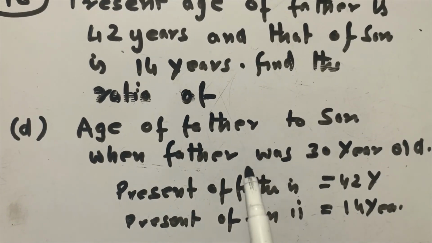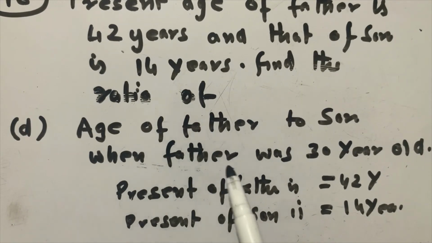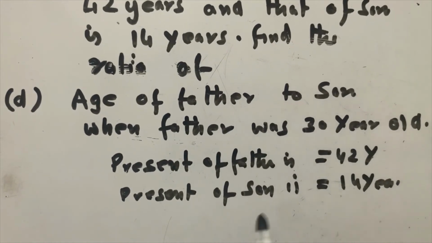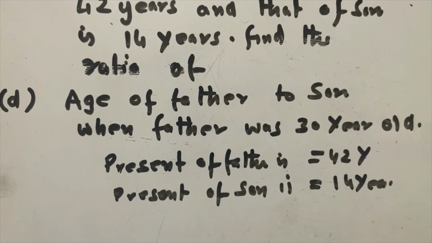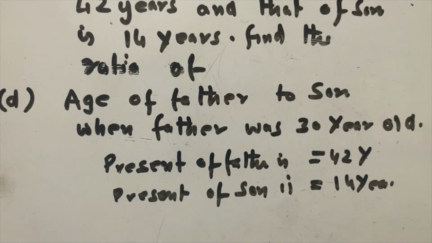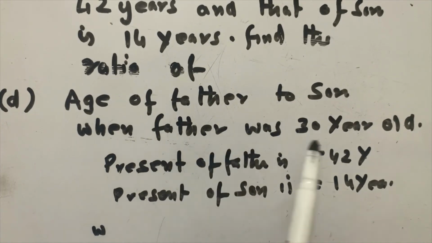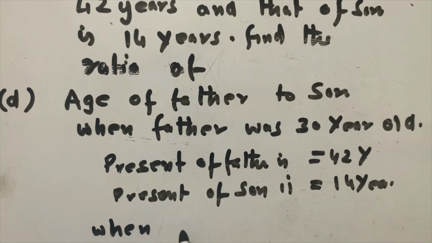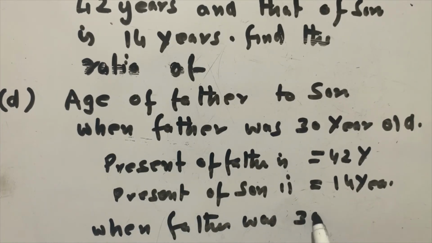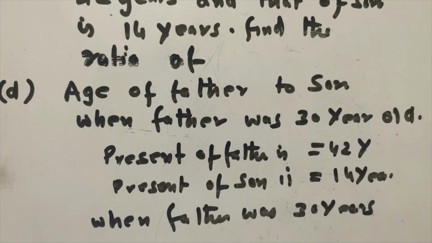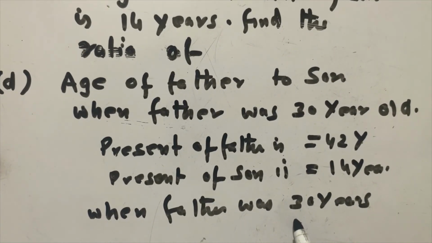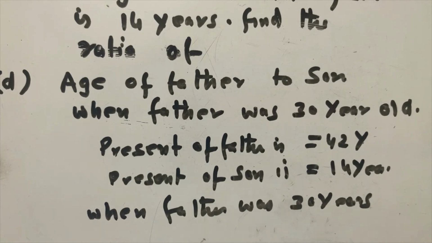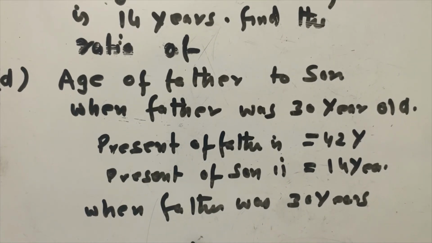Now we have to find the ratio of father to the son when father was 30 years old. This is present to the past age. When father was 30 years old, we will see how many years earlier that was.